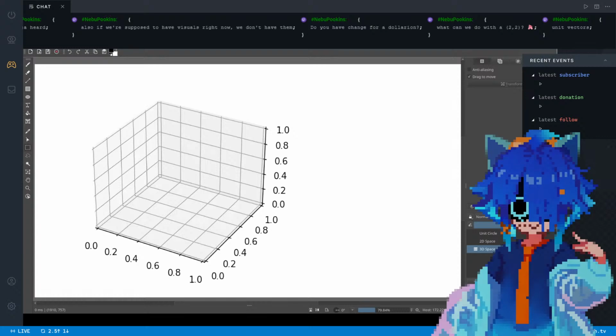So to introduce a cross product, let's first introduce how we might define a plane. Well, a plane is just 3 points, or 2 vectors. So let's define the vector 1, 2, and let's define the vector 2, 1.